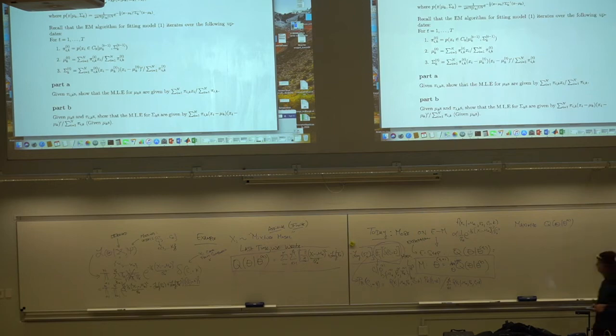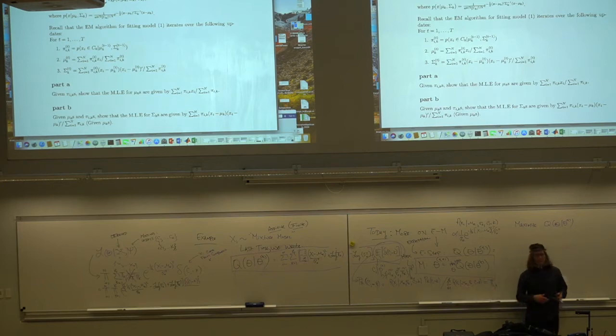Okay. So we've got these probabilities right here. This is the Bayesian twist in the algorithm. Okay, so I want to maximize this thing. I've got some probabilities right here. I'm just going to give myself a little bit of notation to play around with. I'm going to call this pi i k. And I want to be specific about this, that everything that I'm doing is going to be conditional on the last iteration of the algorithm.